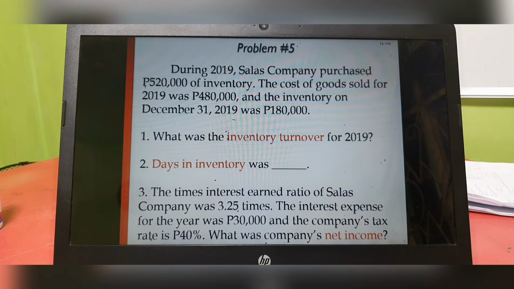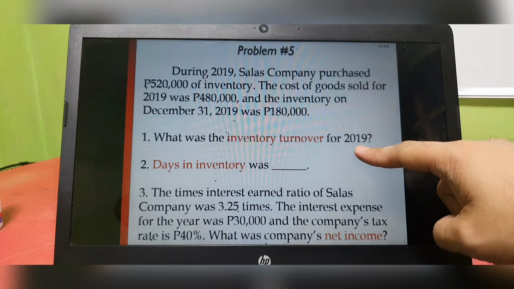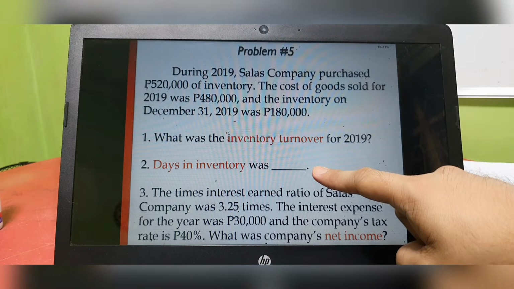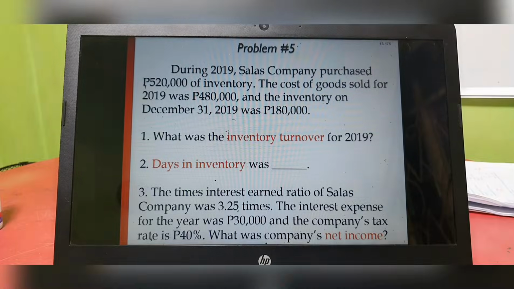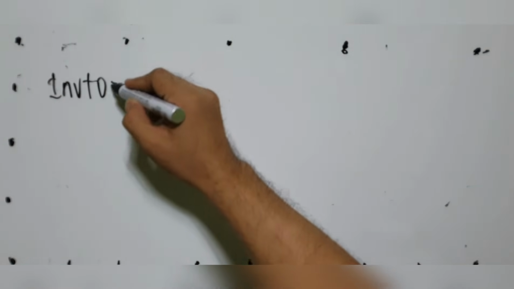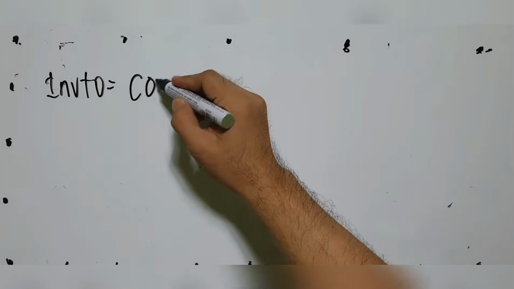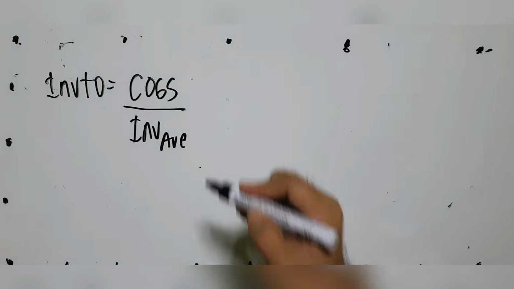Here is our problem number 5. So we are asked for the inventory turnover for 2019, the days in inventory or the average selling period, and then the net income. Okay. So inventory turnover is equal to your cost of goods sold over your inventory average.